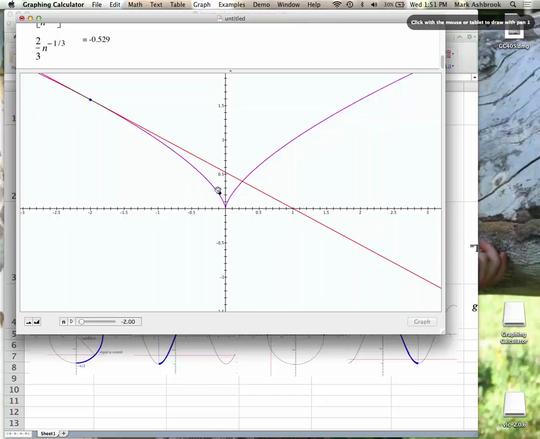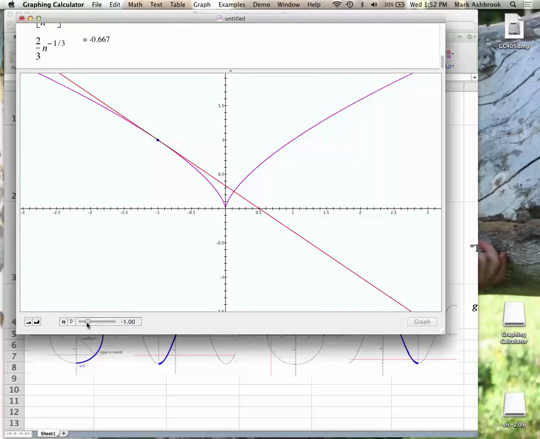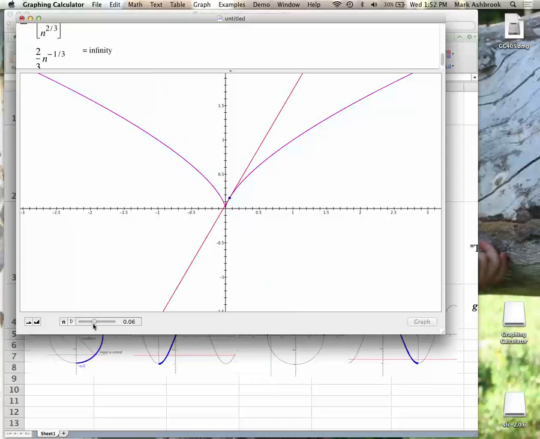Well, coming from the left, it sure looks like it's going to a large negative value. Looking at it from the right, it sure looks like it's going to be a large positive value. So it doesn't pause, it just jumps from a high negative to a high positive. If we actually put it on 0, what does the graphing calculator do? It says does not exist. So this is one way it does not exist.